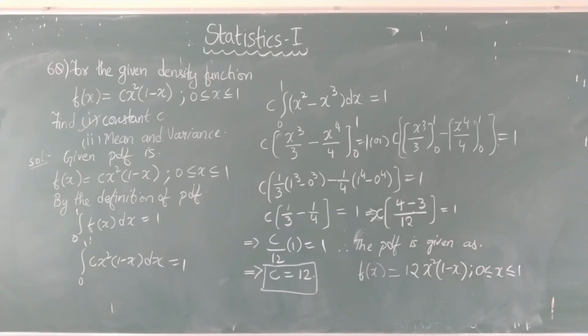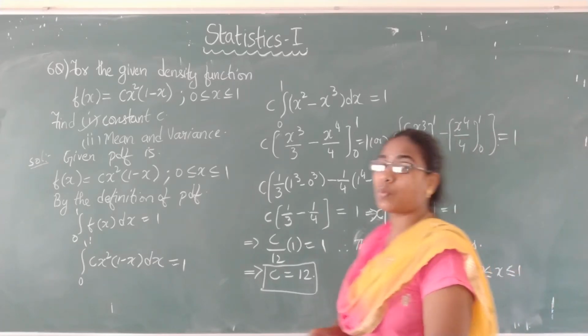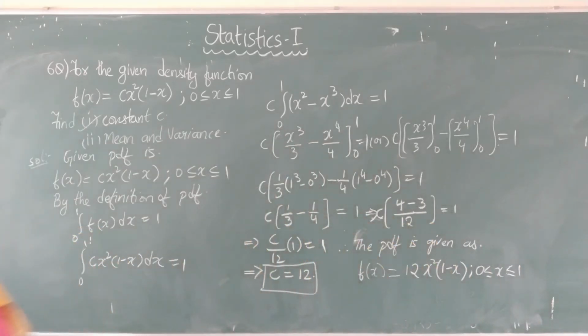Same procedure as we did for the previous problem, here also it is the same. Now we will find the second part, that is determining the mean and variance values. How will we find the mean value? What is the formula for the mean?